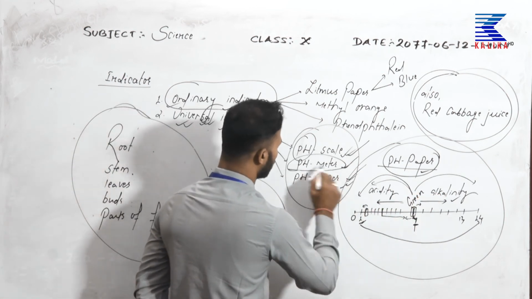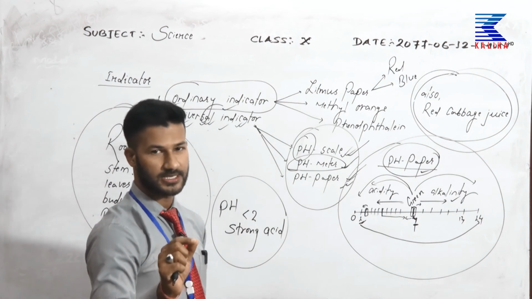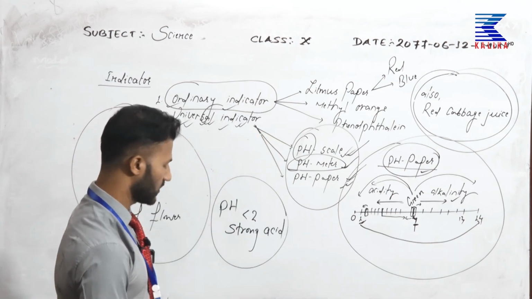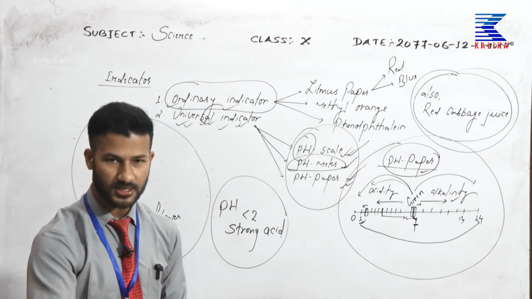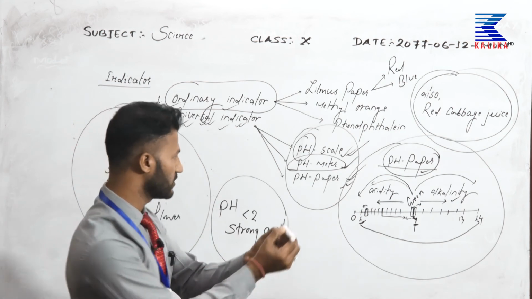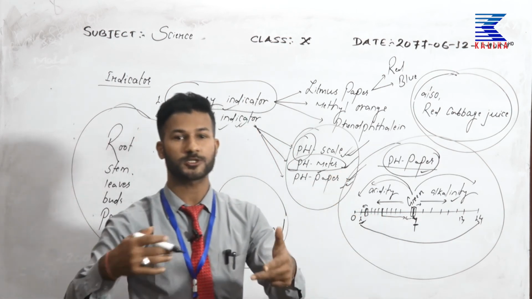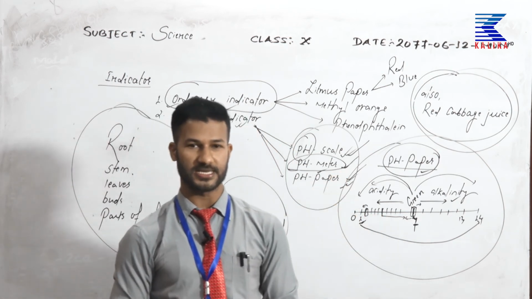There is another way you can find out directly the digital value of pH, meaning you do not need to first put paper in that chemical and tally that paper with the pH scale. Here the pH meter is an advanced form of universal indicator.